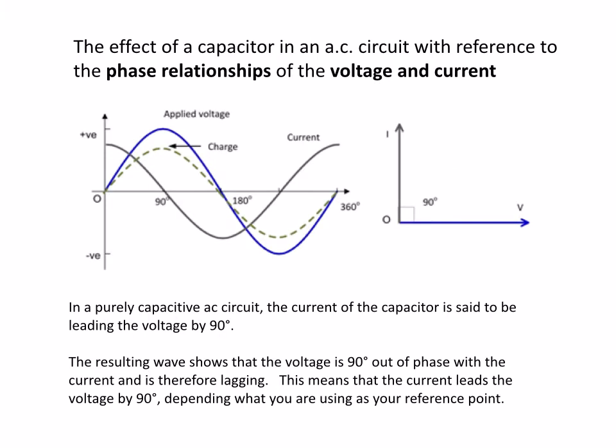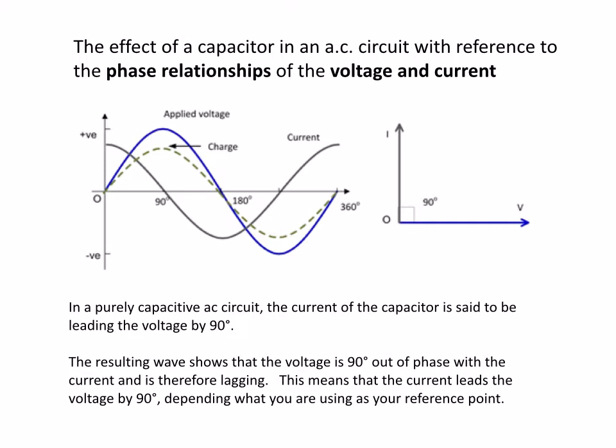When we put a capacitor in an AC circuit, it knocks the current and the voltage out of phase by 90 degrees. In a capacitor, the voltage takes time to reach maximum. So when we look at the phasor diagram, the voltage is lagging behind the current.